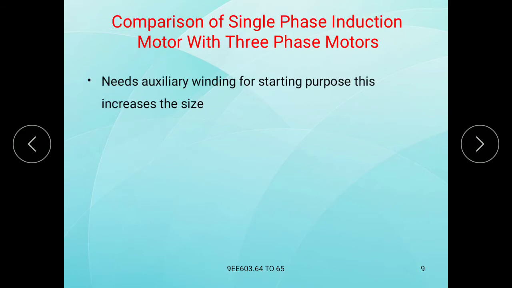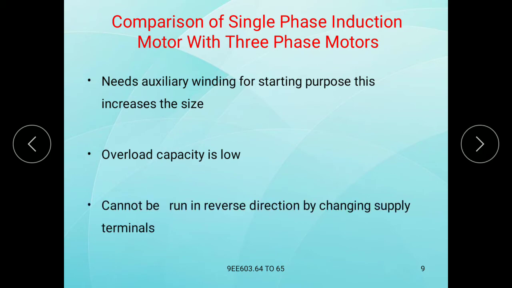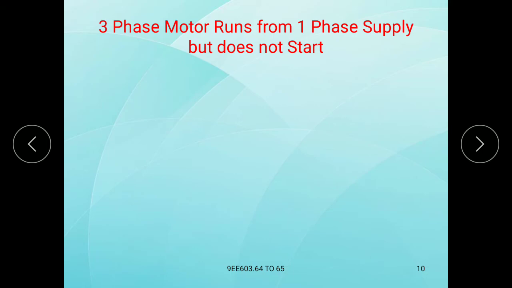It needs an auxiliary winding for starting purpose. This increases the size. Overload capacity is low, and it cannot be run in the reverse direction by changing the supply terminals.